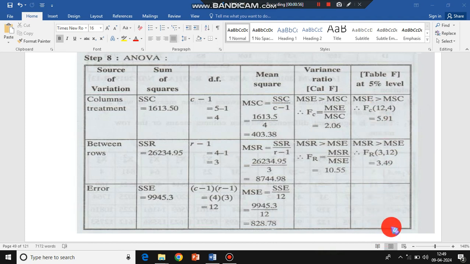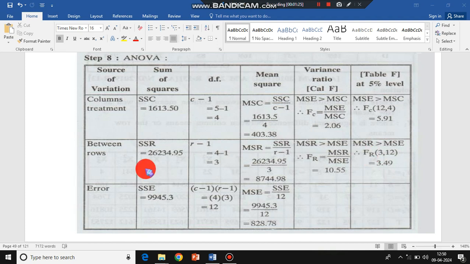The intersection of 3 and 12 will give you the value 3.49. So by this time, what we have got is the table value of f for row wise.